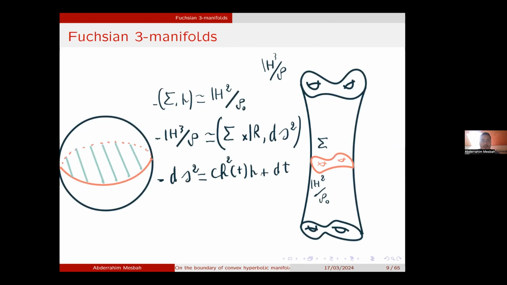And now we can define the first three-dimensional manifold in this talk, what we call Fuchsian three-manifolds. So here we take a Fuchsian representation, and then we take the quotient.